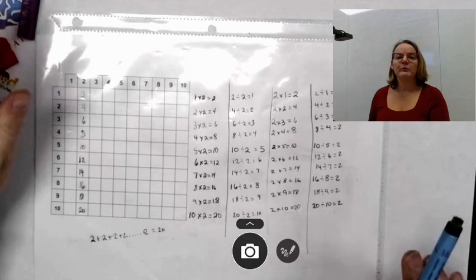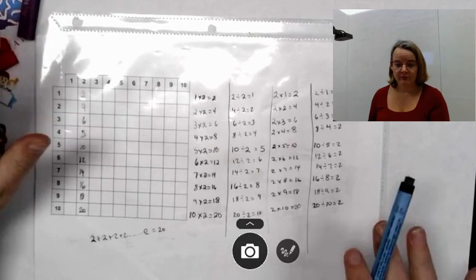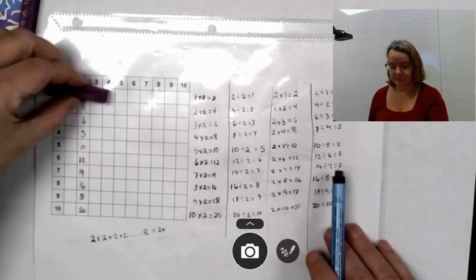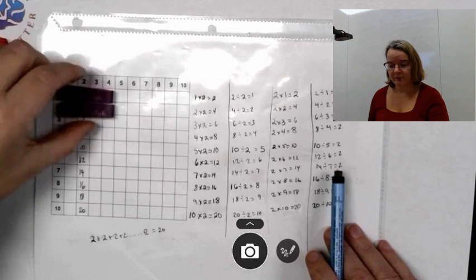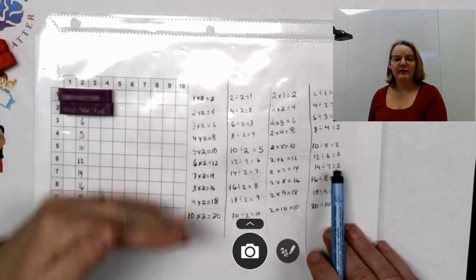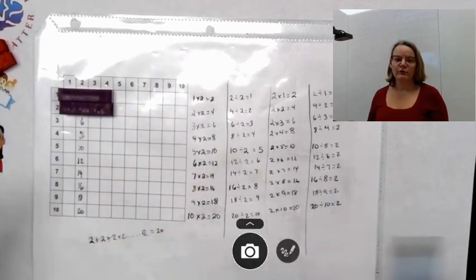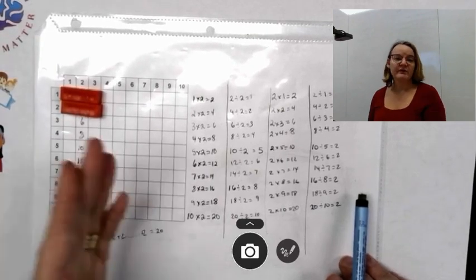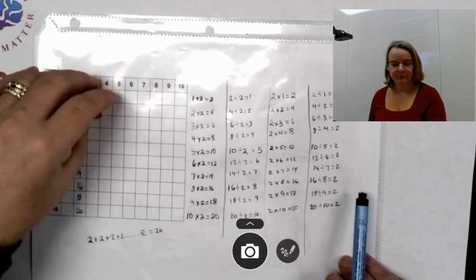So I can repeat this exact same process, but instead of doing 2s, I'll do 4s. So there's 4s that I'll build this way. Then I could do 6s, 8s, 10s, working on those doubles. Then I might do 3s, 6s, and 9s.